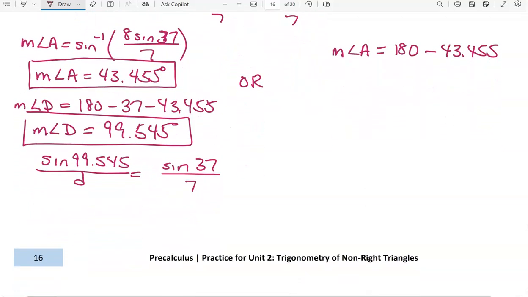Now let's cross multiply. And if we cross multiply and divide, D is equal to 7 times the sine of 99.545 divided by sine of 37. And that can give us our approximate value.